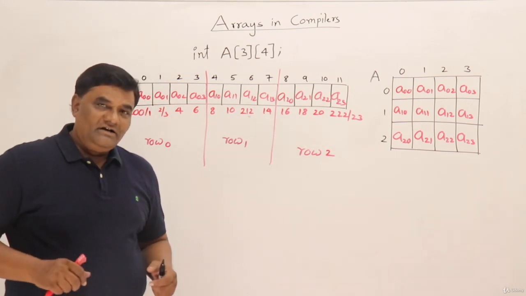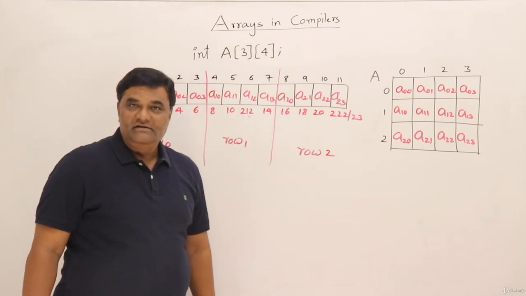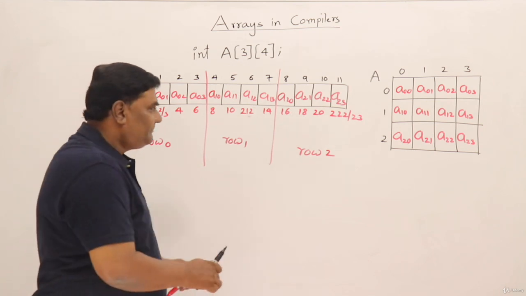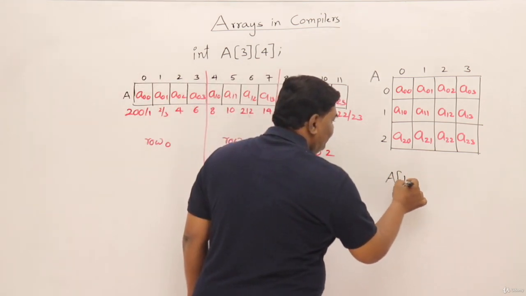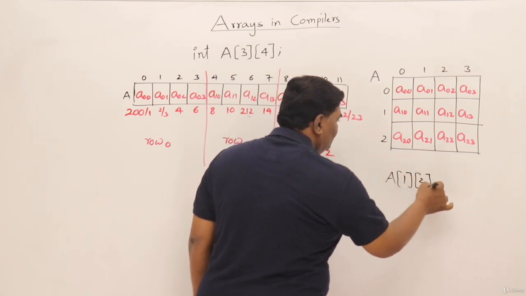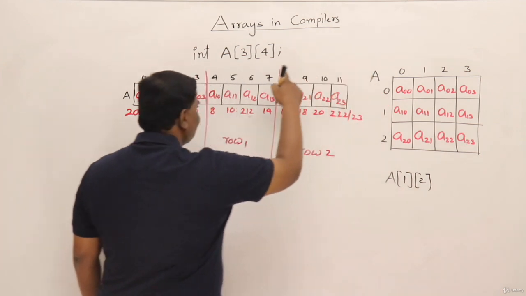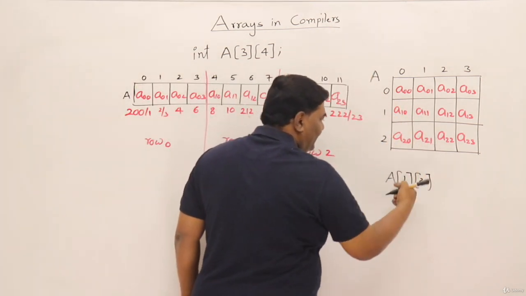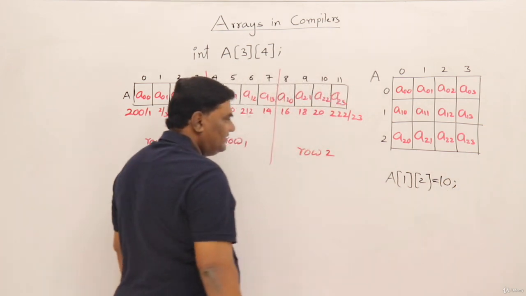Now we need a formula that should be used by a compiler for accessing that two-dimensional array. Let us take one example and frame a formula. Suppose I want to access an element at index A of 1, 2. This is the element. A of 1, 2 is present here. Now in our program we will be writing like this, A of 1, 2, I want to store the value 10.